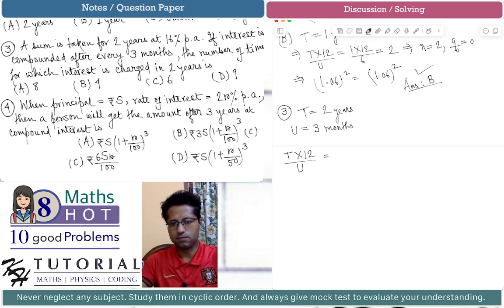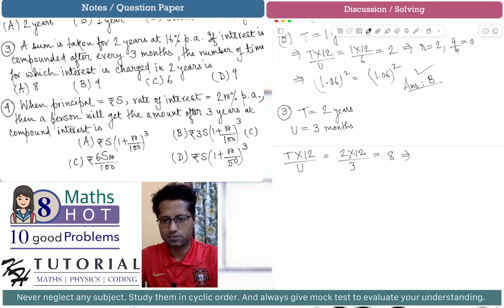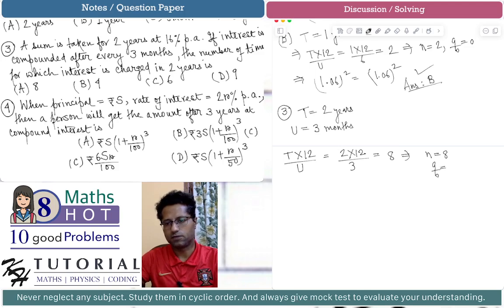So what is t multiplied by 12 divided by u? T is 2, multiplied by 12, divided by u, which is 3. This is 8. Now, this implies that when we express 8 as a mixed fraction n and a by b, we get n is equal to 8 and the fraction part a by b is equal to 0.